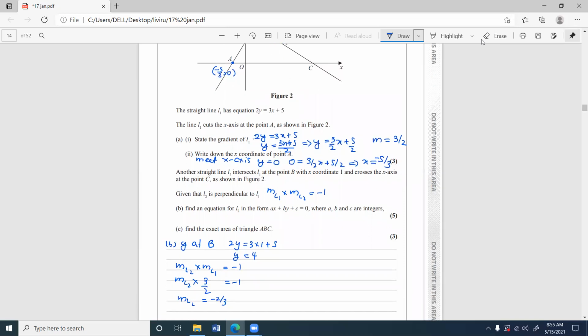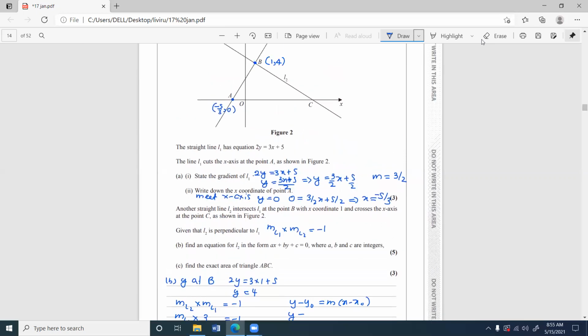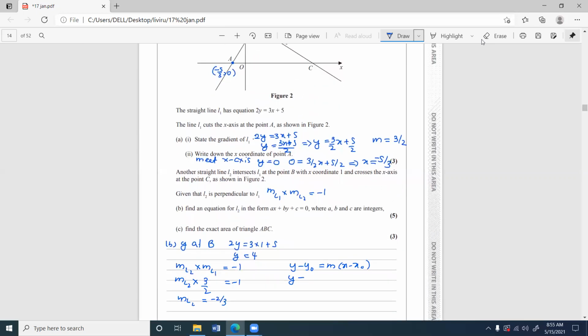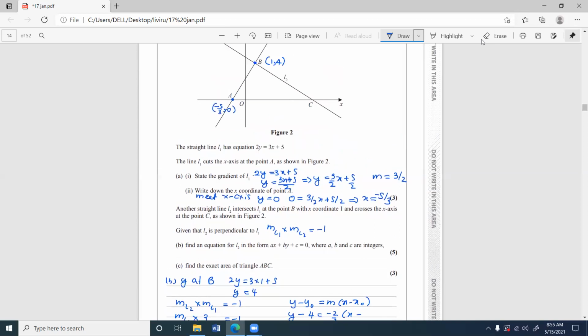So you can put it in the formula y minus y naught equals gradient times x minus x naught. y naught is 4, the gradient is minus 2 over 3, and x naught is 1.